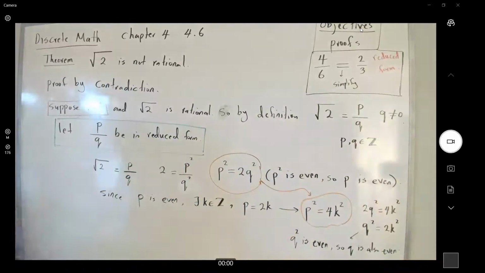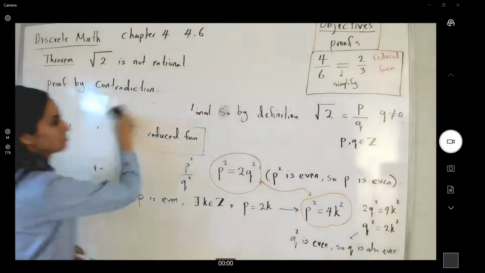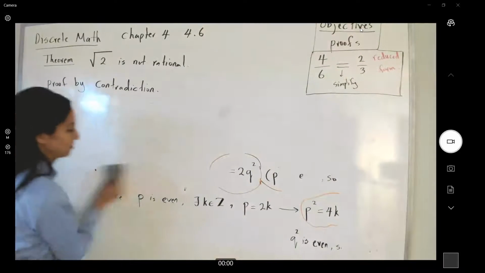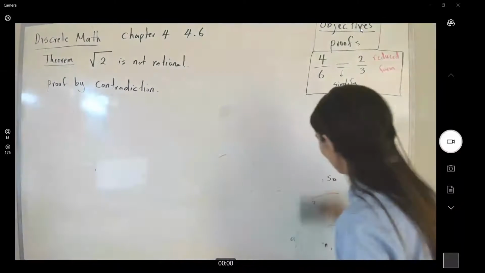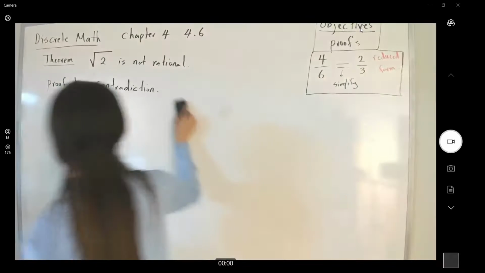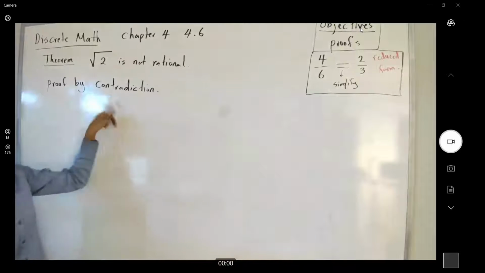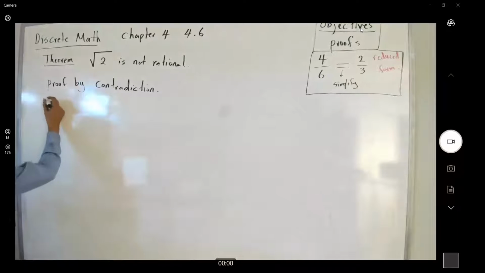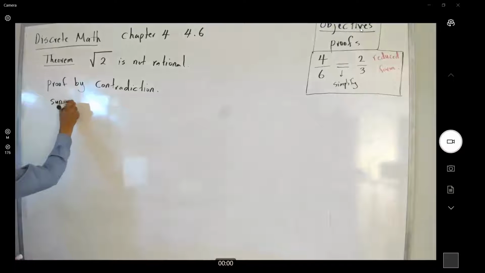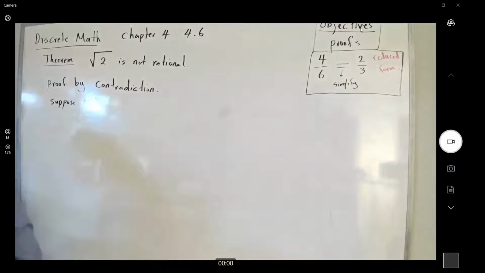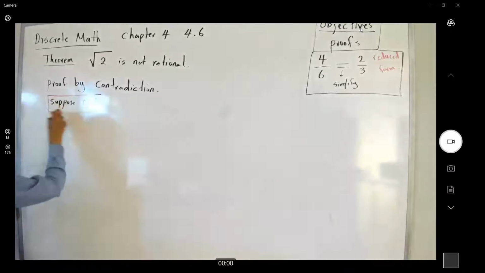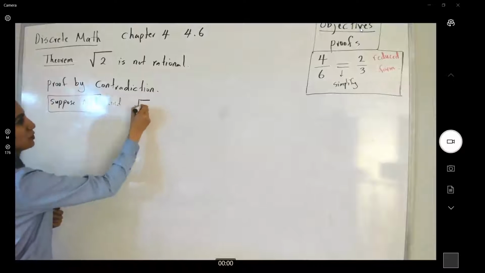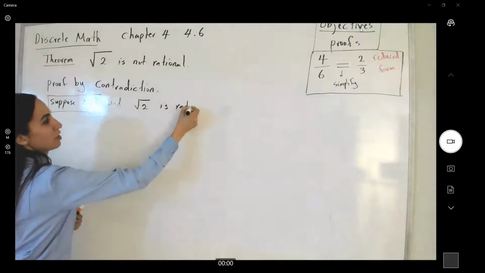One more time. Proof by contradiction. Suppose not, and the square root of 2 is rational.